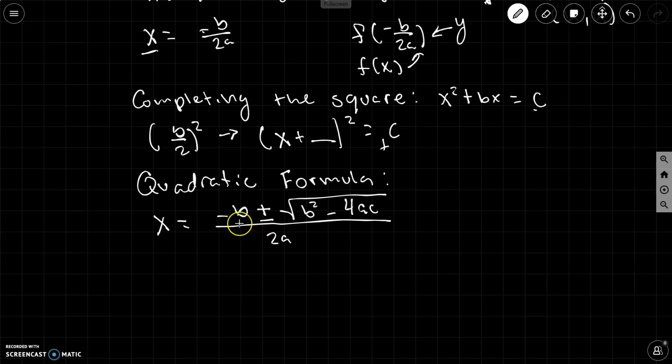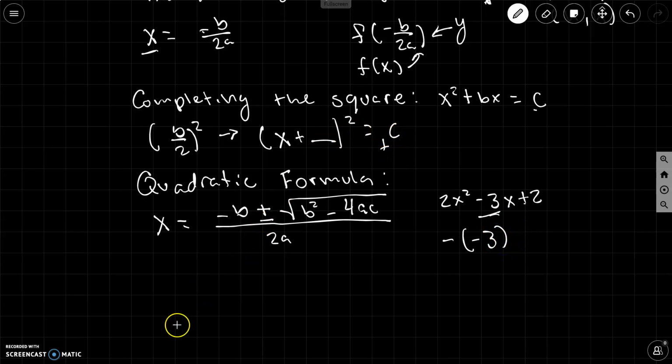Remember, if b is negative, for example if we are given 2x squared minus 3x plus 2, because it's a negative 3, this switches to a positive because you're plugging it in, negative times negative, and so on and so forth.